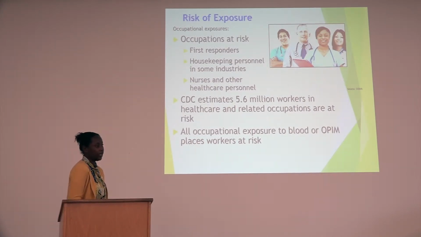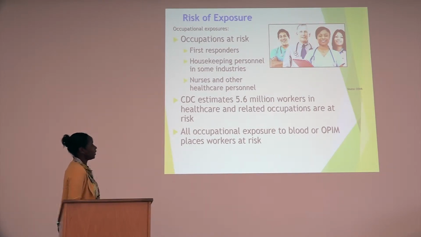As I said at the beginning, everyone in the healthcare setting is exposed to bloodborne pathogens. Therefore, you must know how you are exposed through identifying your risk. So, for example, if you are a first responder, you're the first on the scene, and you can be exposed to anyone that has a cut, an open wound, and other ways that the blood can come out of the body, either through vomit or through urine.